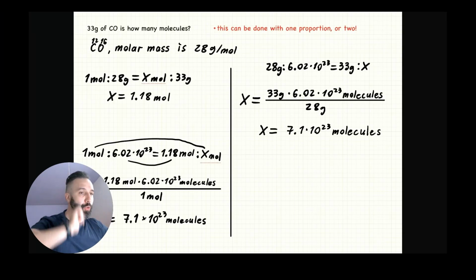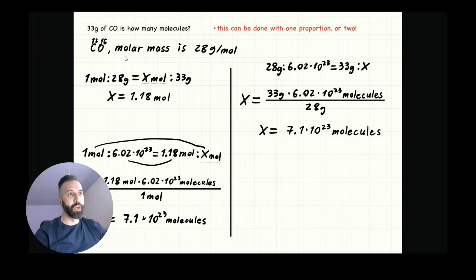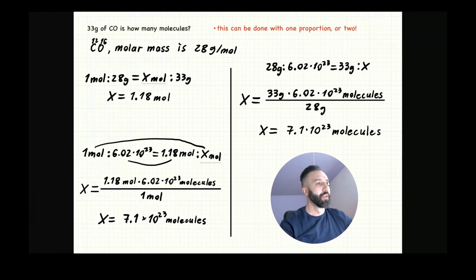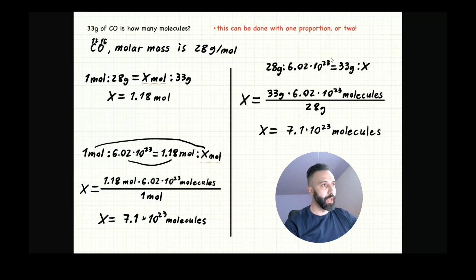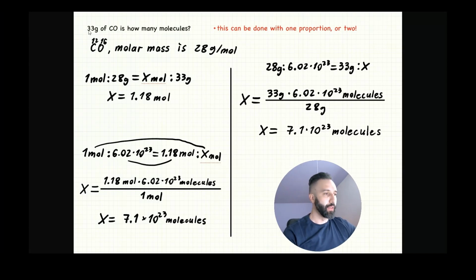Now, there are two ways to use the proportions, as you can see here. This is the slower way and the faster way. So check this out. I here have to calculate how many molecules I got in 33 grams of CO. So what you do here is first figure out how many moles that is.